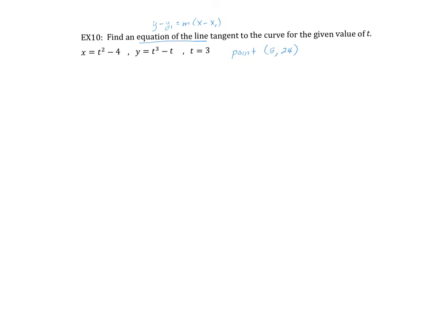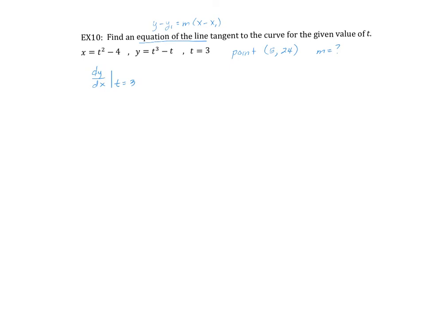So I have my point. I need my slope. And that comes from our derivative. So we're going to compute the derivative, and we're going to evaluate this derivative when t is equal to 3.